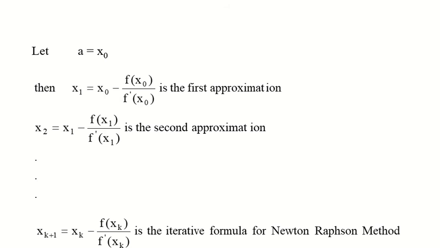Next to calculate x3, x3 will be x2 minus f of x2 by f dash of x2. So go on calculating x4, x5. In general you can say xk plus 1 is equal to xk minus f of xk by f dash of xk. So this is the iterative formula for the Newton-Raphson method. Okay, iterative formula because you are going on finding the values x0, x1, x2, x3, etc. so that xn and xn plus 1 are almost equal.